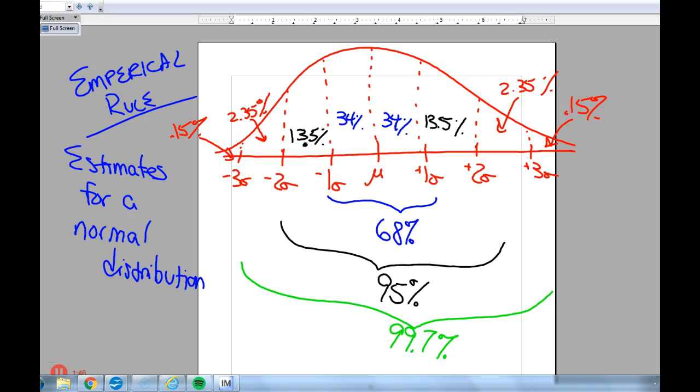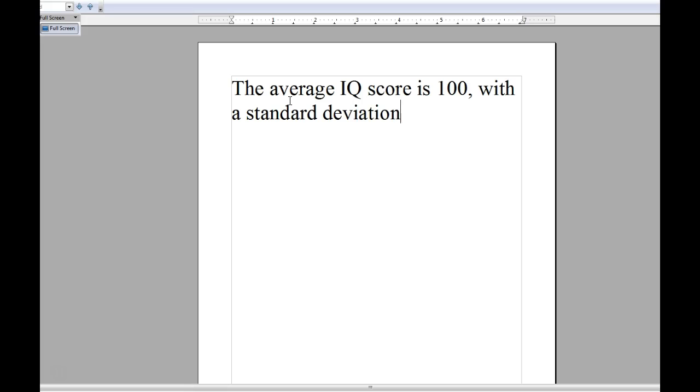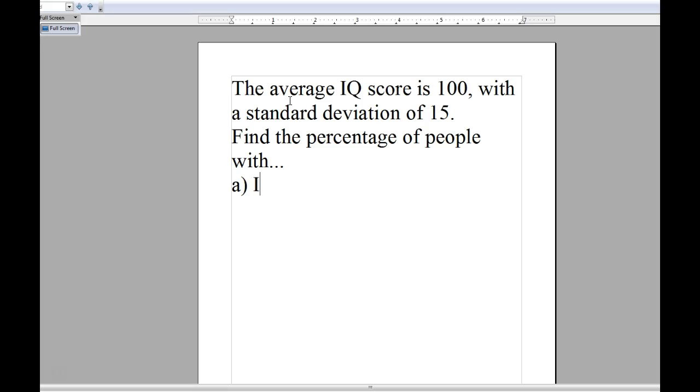All right, so you get questions that look like this. So the average IQ score is 100. Standard deviation of 15. I'm going to say find the percentage of people with IQ over 115.